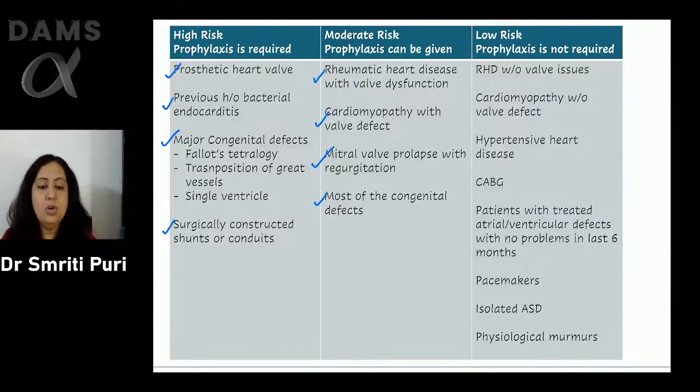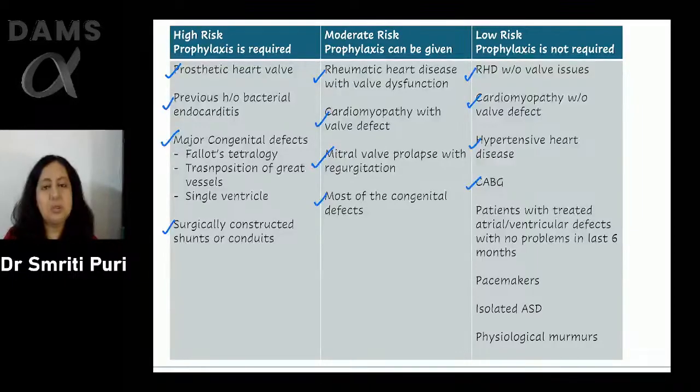Now coming to low risk, where prophylaxis is not required and need not be given. Rheumatic heart disease without valve issues, cardiomyopathy without valve defect, hypertensive heart disease, coronary artery bypass graft.